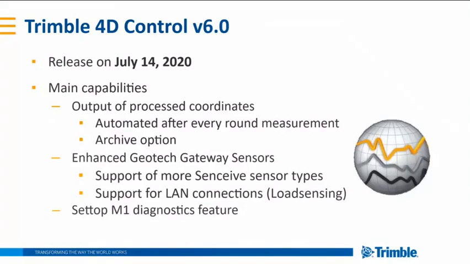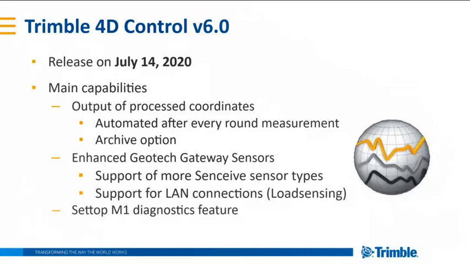So the latest news. We had a release mid of July this year, July 14th, of Trimble 4D control, and the version is 6.0. One of the focus areas for this release was to enhance the integration with third-party packages.